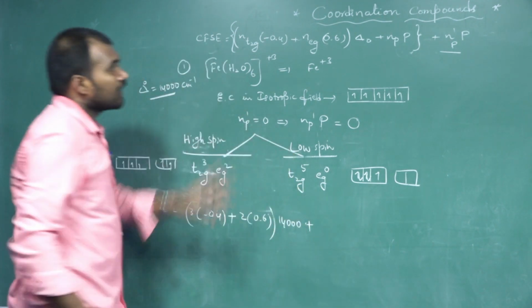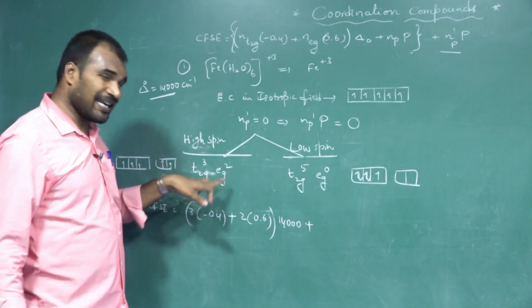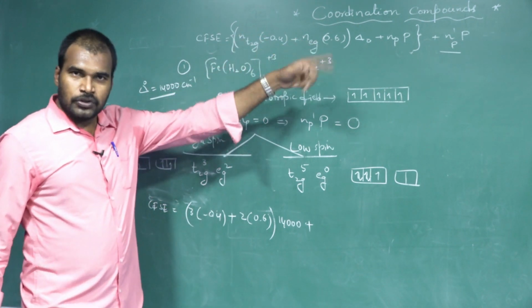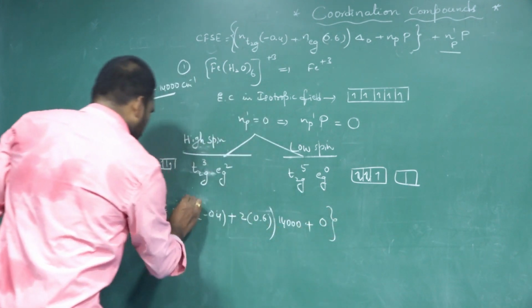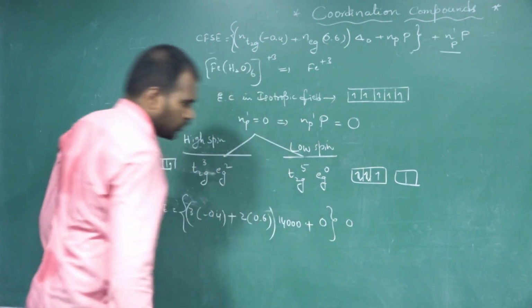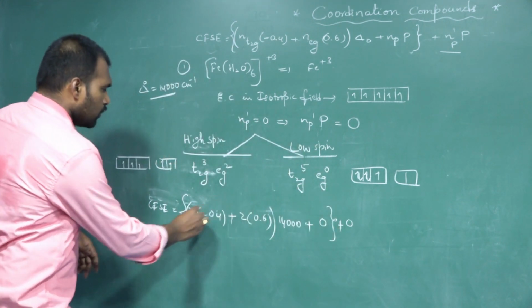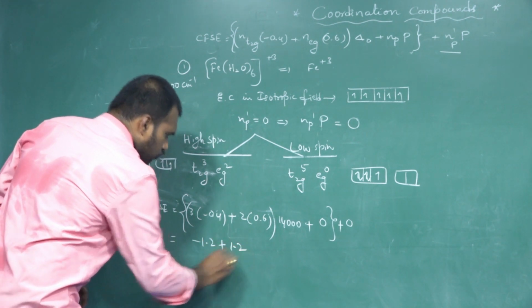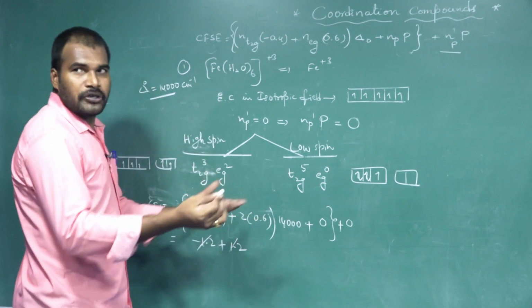Plus NP. What is NP? The number of electron pairs in the ligand field. In this ligand field, are any electrons paired? No electron is paired, so its value is 0, and 0 into anything is 0. Outside, the NP prime value is also 0. So finally, what is the answer? That is 3 into minus 0.4, which is minus 1.2, plus 2 into 0.6, which is 1.2. The 1.2 cancel, giving 0, and 0 into anything is 0.